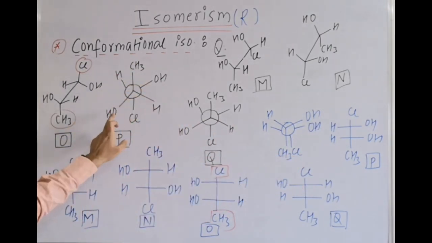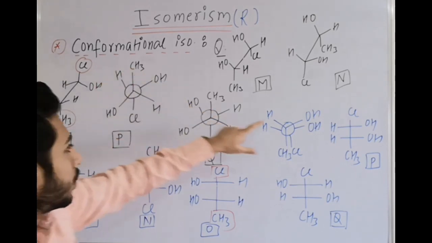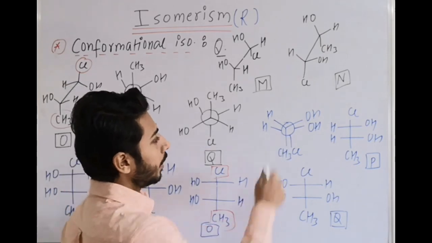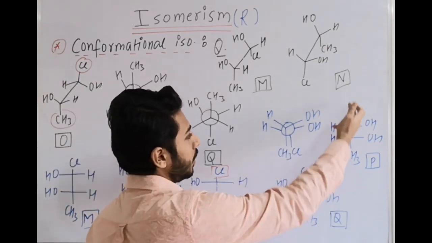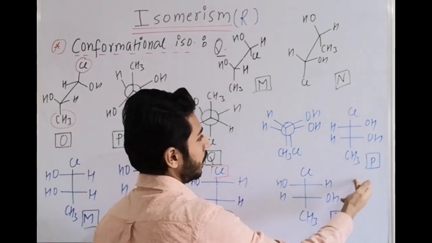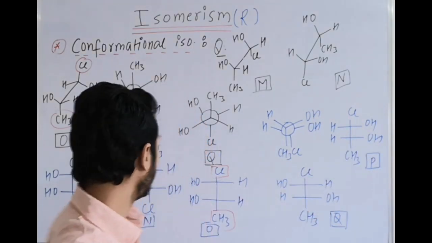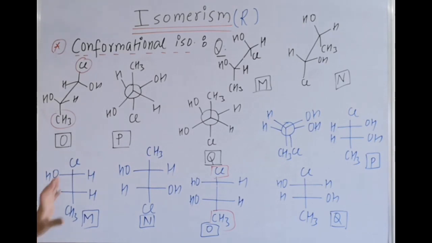Then on the right side we have OH, OH and H. Now when you write it, CH3, Cl, Cl, CH3, OH on the right side, H on the left. Now this molecule and M are exactly mirror images of each other and non-superimposable. Therefore M and P are enantiomers.